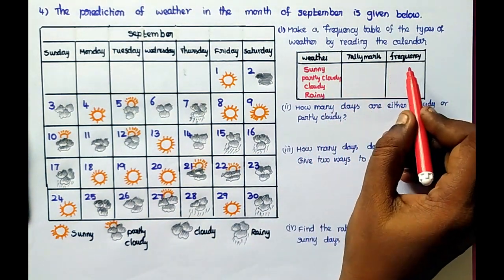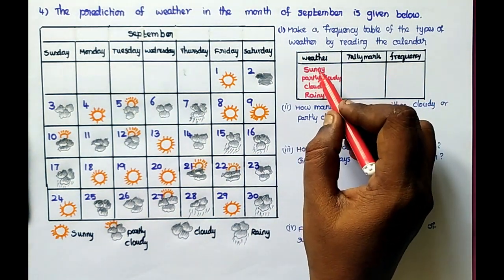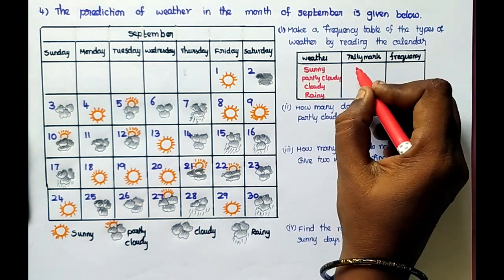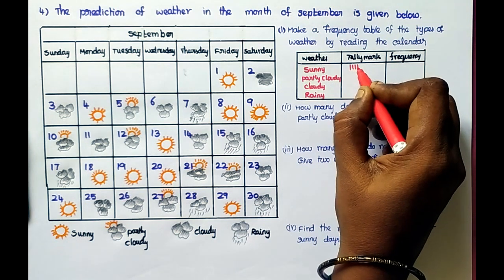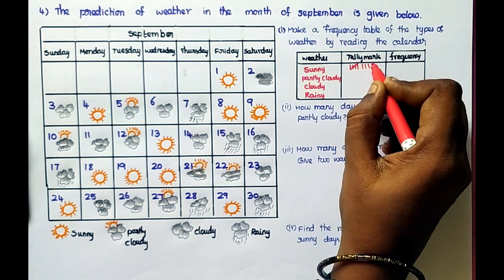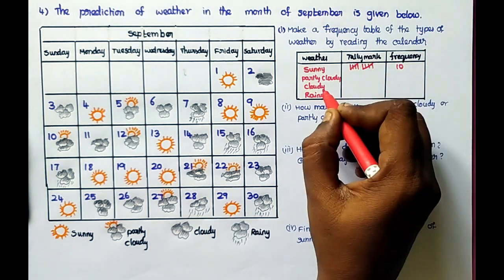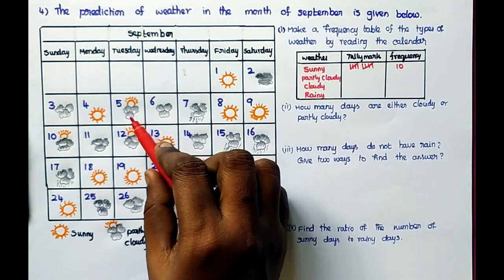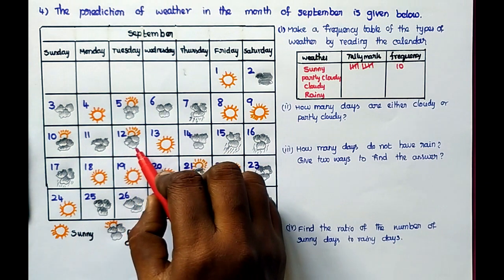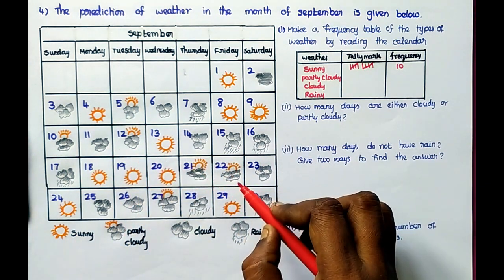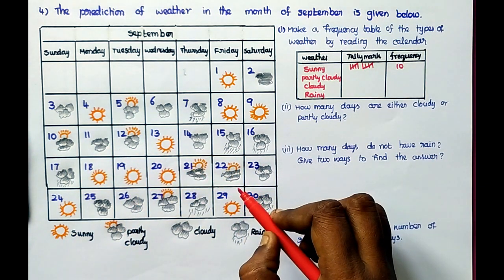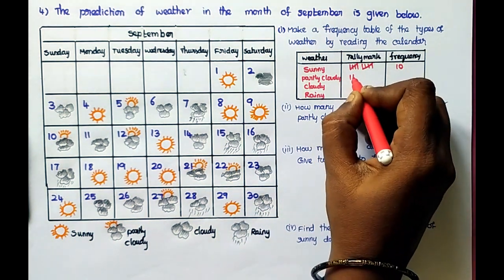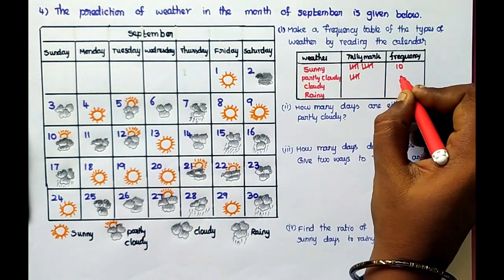Weather, tally marks, frequency. First sunny. How many days? 10. Partly cloudy, that is 1, 2, 3, 4, 5.